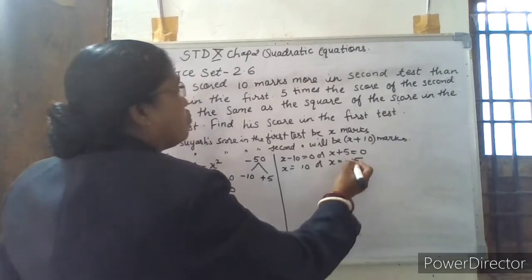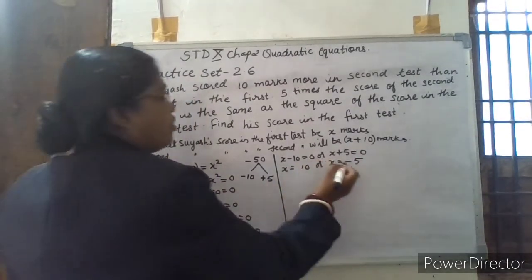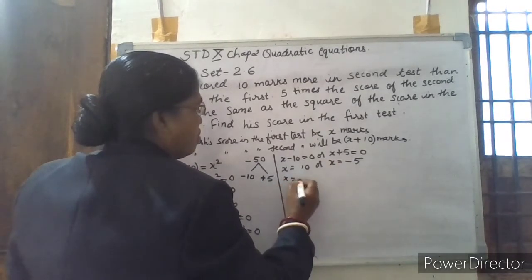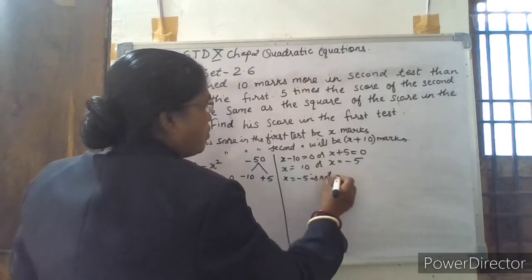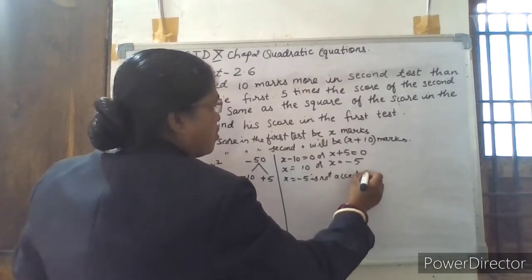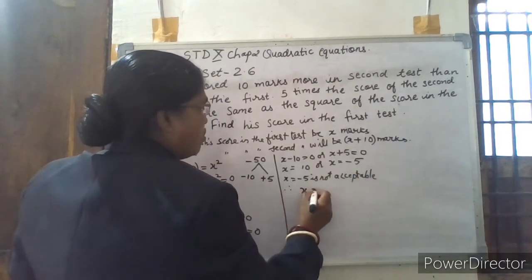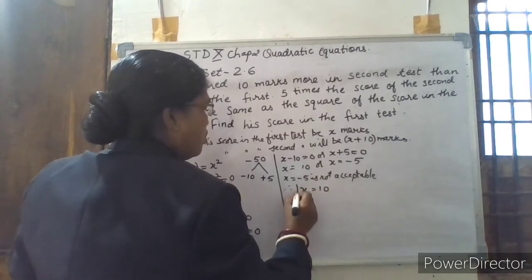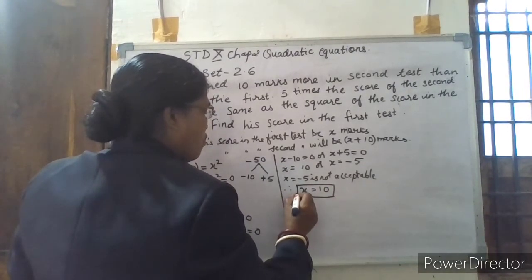So marks cannot be minus 5. Therefore, this value of x equal to minus 5 is not acceptable. Therefore, x is equal to 10. So, this is the score of the first test.